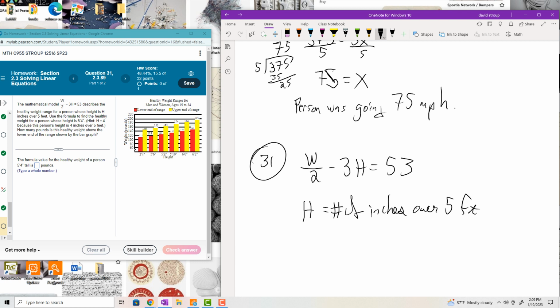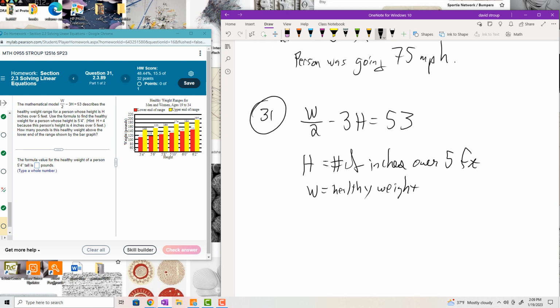And what else? Use a formula to find the healthy weight. So I guess W is the healthy weight for somebody of that height. Okay. Use the formula to find the healthy weight of a person who is 5'4".